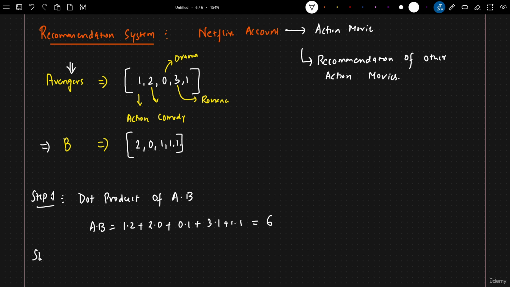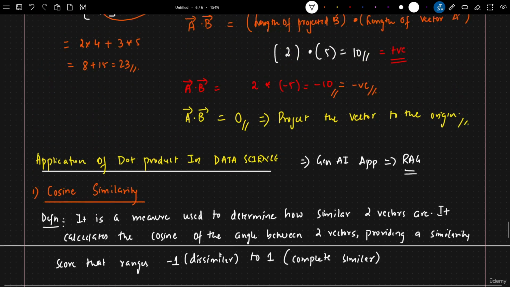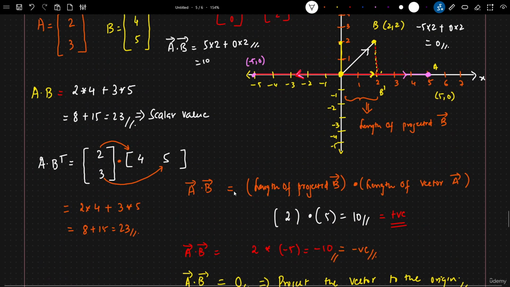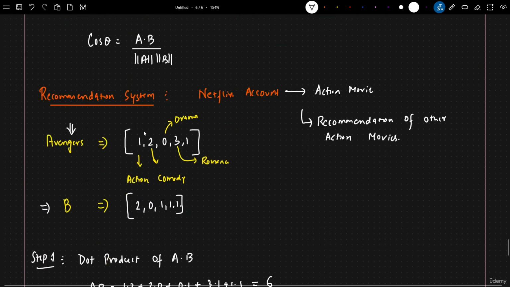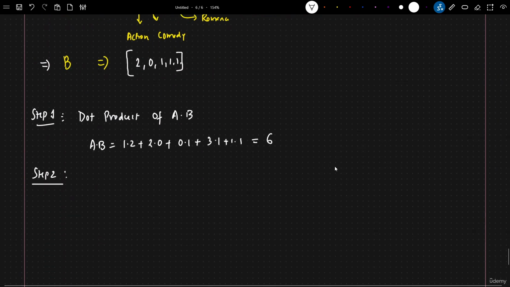In the second step, with respect to the formula, we need to compute the magnitude of A and B. What exactly is magnitude, and how do we calculate the magnitude of A and B?